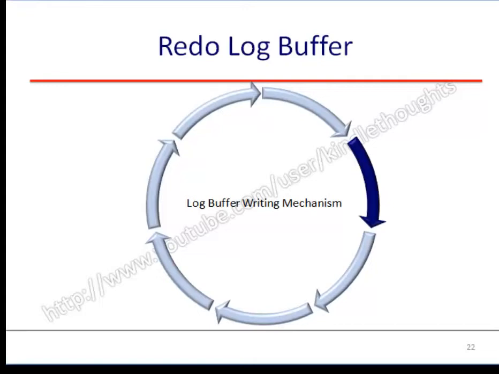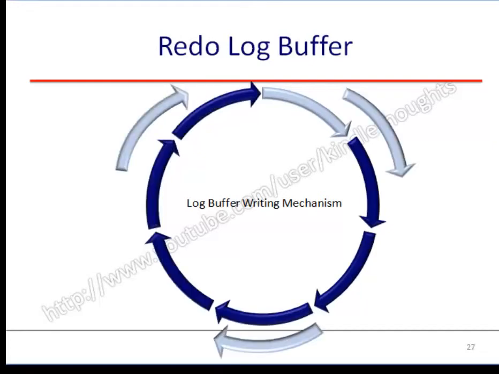Changes are being written to the redo log buffer, and once the buffer is filled up, changes are overwritten again from the beginning of the buffer. Please note that there is a background process called the log writer, which takes the information from the redo log buffer and stores it in the log file.